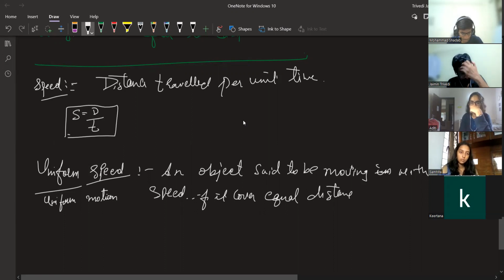Equal distance in equal time intervals. That is your uniform speed.